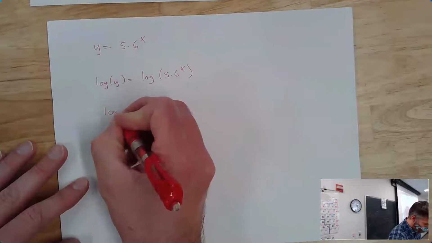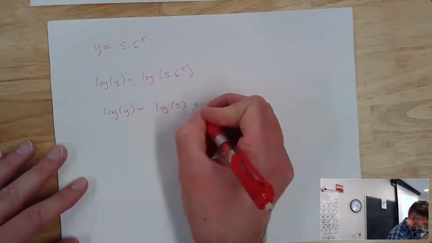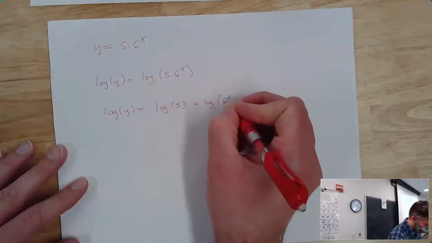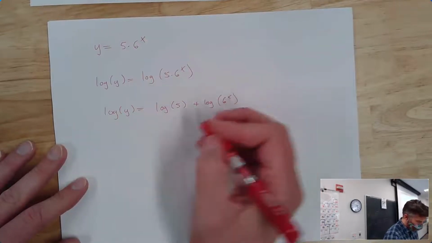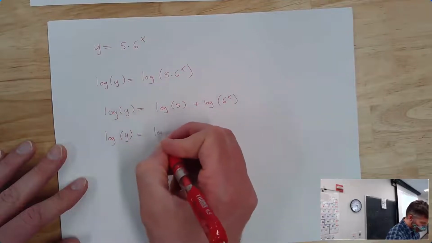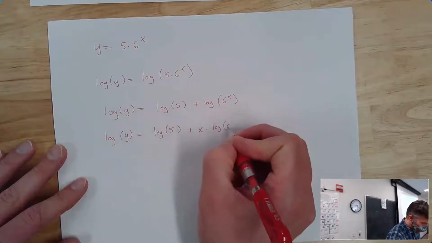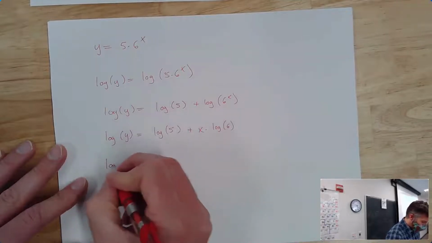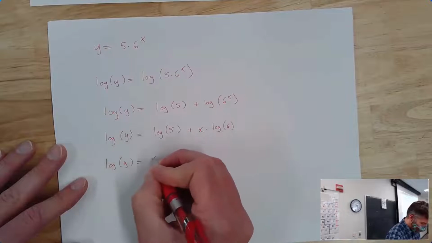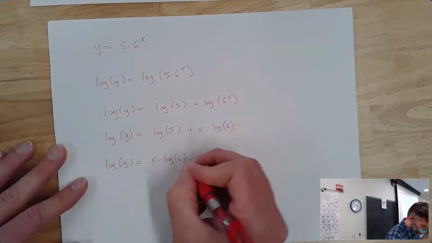We're going to have log of y equal to log of 5 plus log of 6 to the x. And then we're going to bring that power down and say log of y equals log of 5 plus x times log of 6. And again, we would often rearrange this as x times log of 6 plus log of 5.